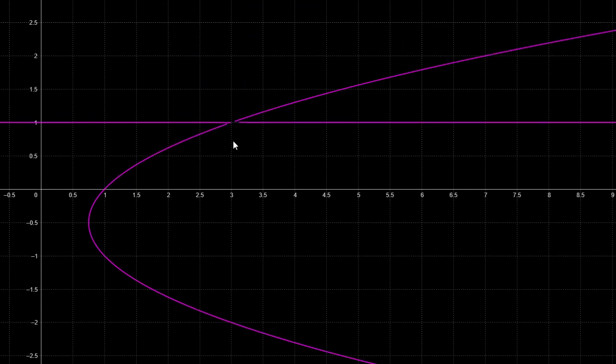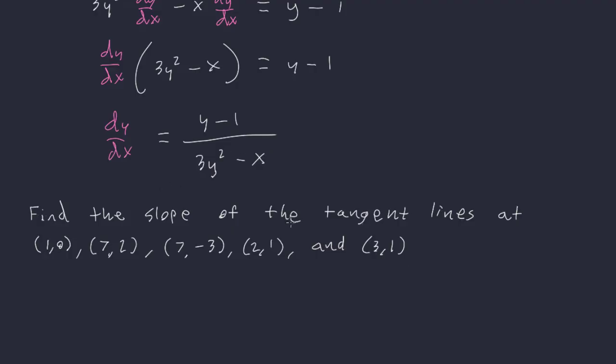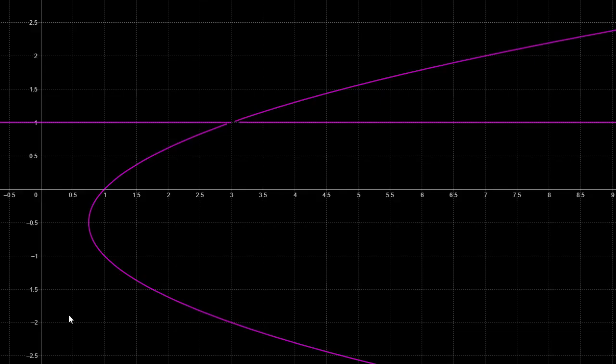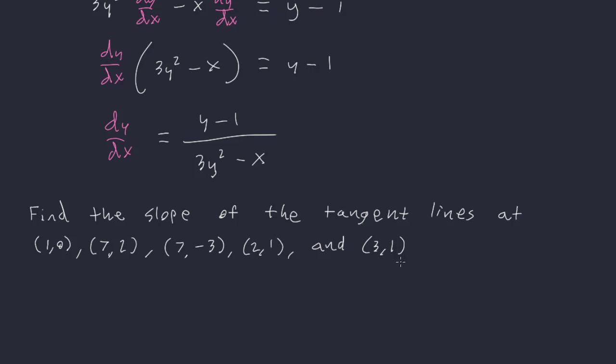And then I also want to take a look at what's happening at (3, 1) to see what sort of weirdness might be going on there. So we're going to find the slope of the tangent lines at (1, 0), (7, 2), (7, -3). I added (2, 1) in, so here's (2, 1) right here, just to show that it's going to line up with that horizontal line there. And finally at (3, 1).